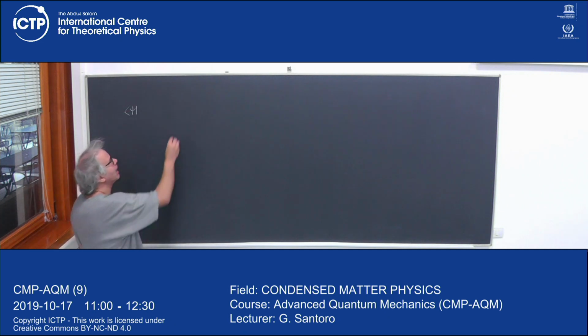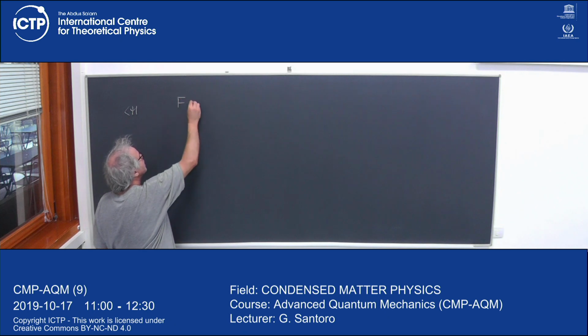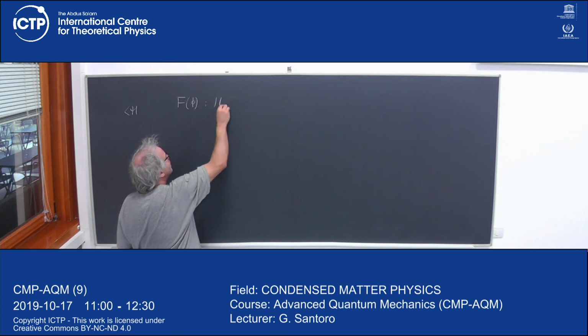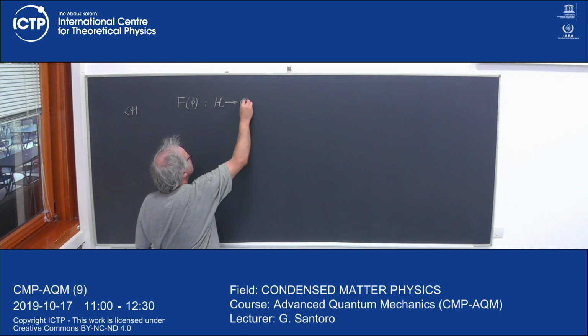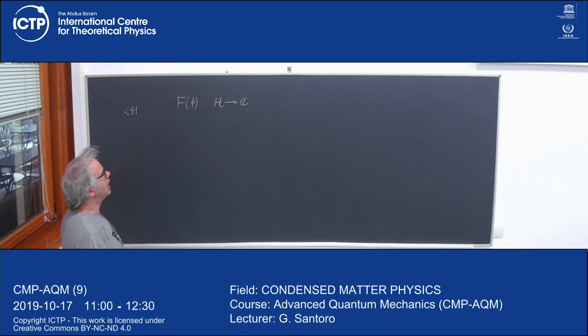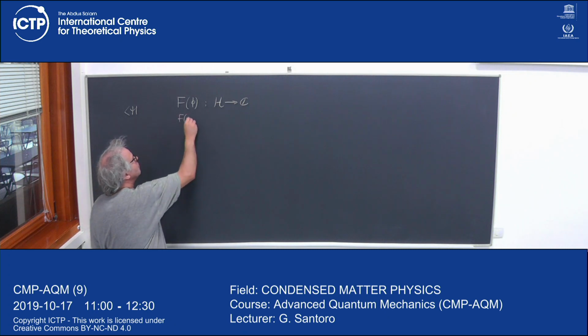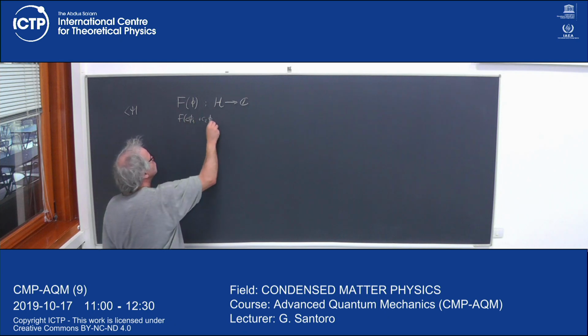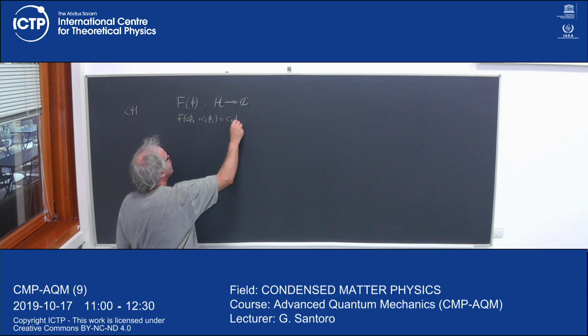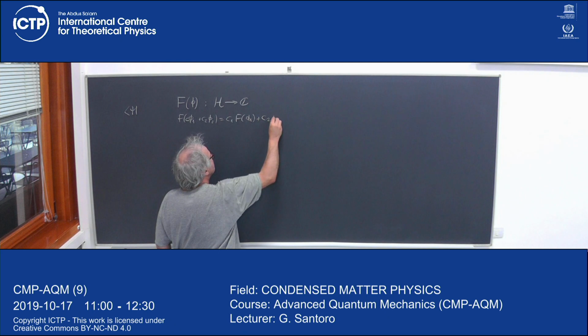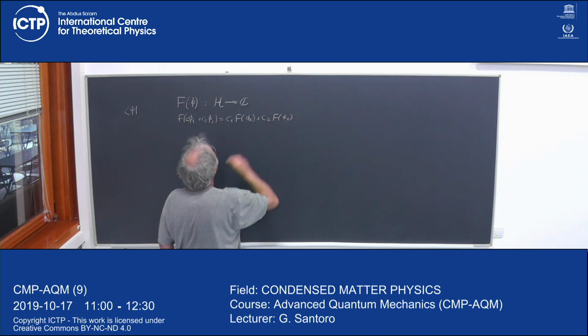We said that in general a linear functional is some application from the Hilbert space to the complex numbers, okay? Such that it is linear. So f of C1 plus C2 is equal to C1 f of C1 plus C2 f C2, right?